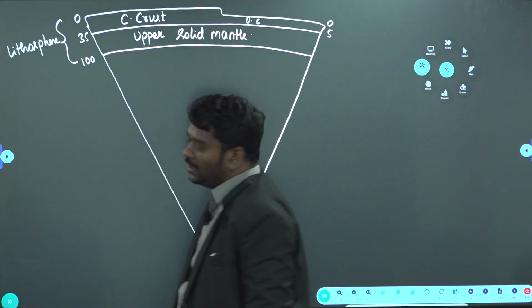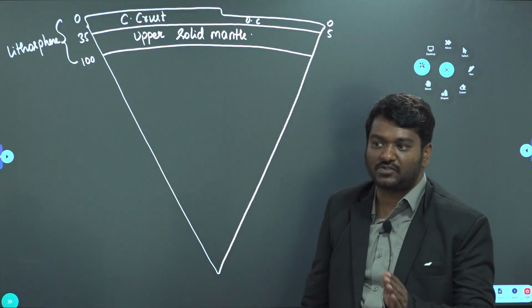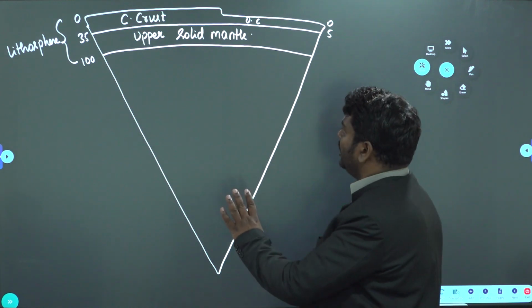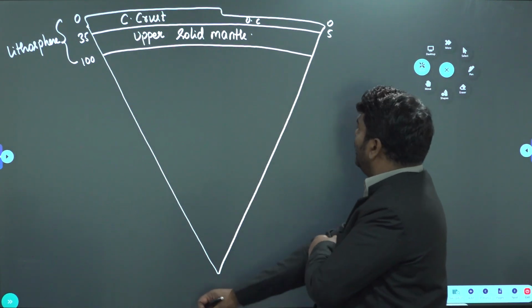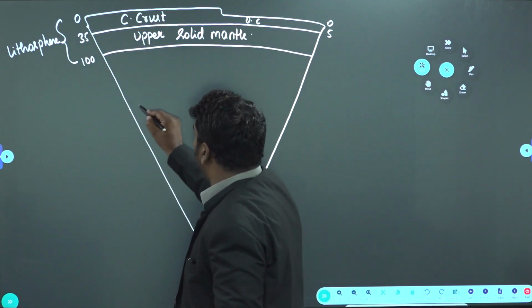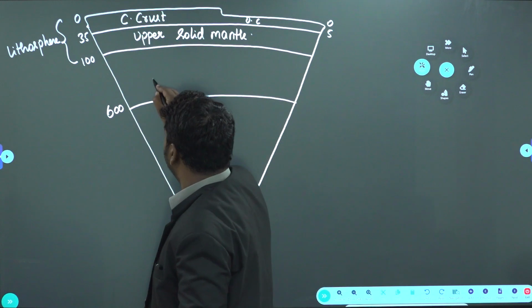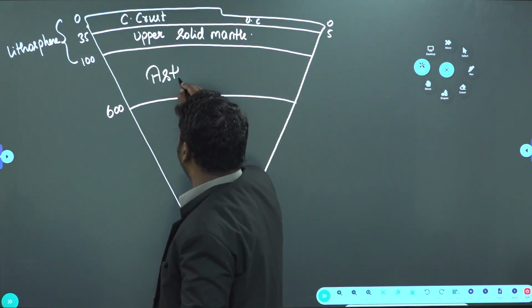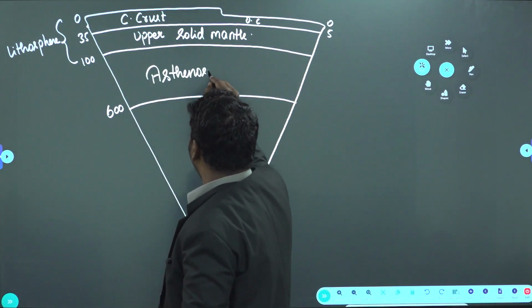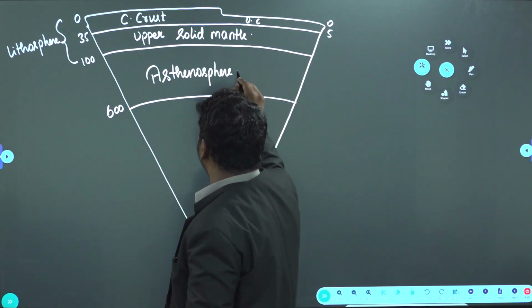What is lithosphere? Crust and upper solid mantle is called as lithosphere. Fine. And then till 600 kilometers, semi-solid layer called as what? Asthenosphere.